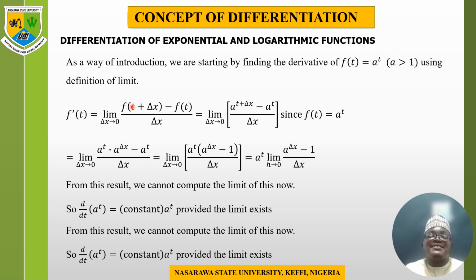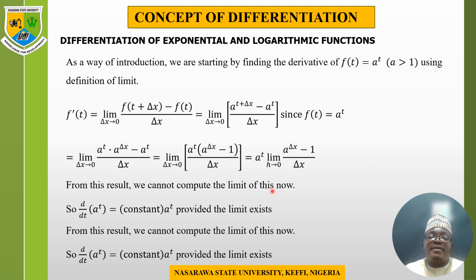Then if you use that one, look at our f of t is this. Then when you substitute t as the value of that one here, we are going to have this. Since f of t is a raised to power t, we have this minus f of t, which is a raised to power t minus this.